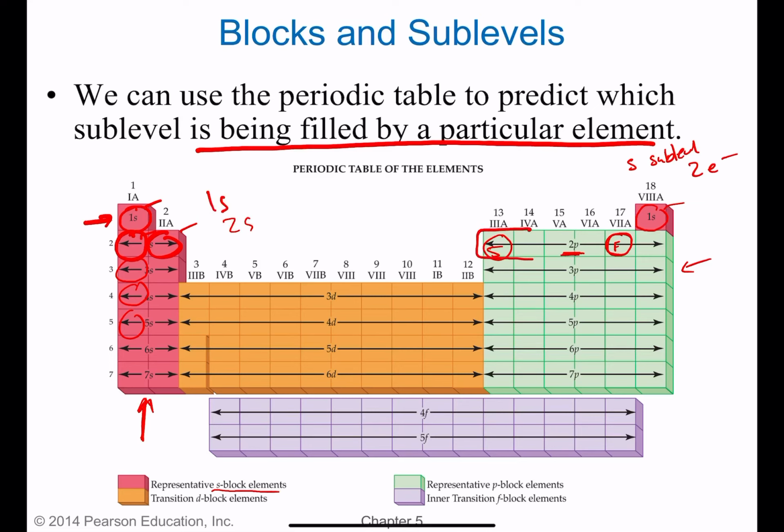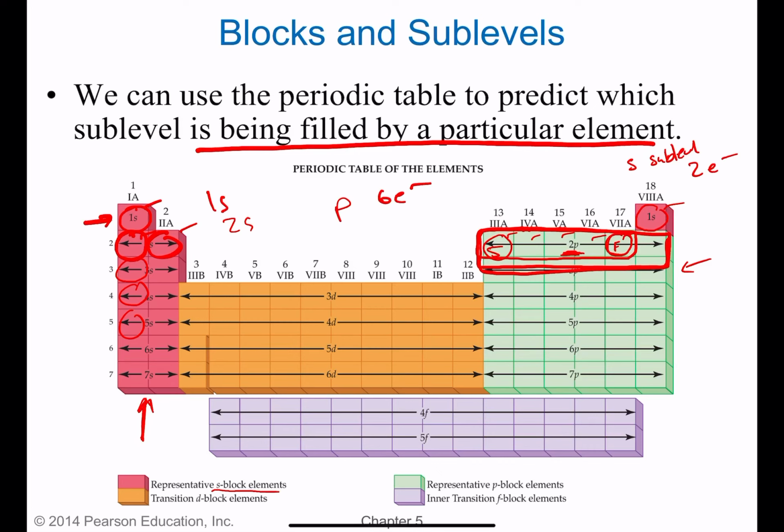And since fluorine is 5 elements in, going from left to right, it has 5 electrons in that 2p. Notice that this section of the periodic table is 6 elements wide. We said that P sublevels can hold 6 electrons.